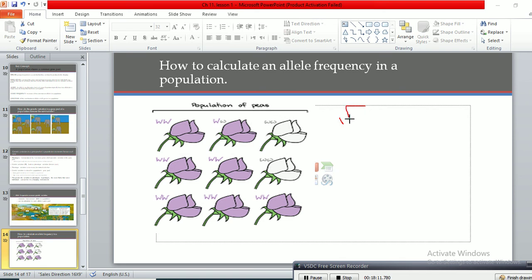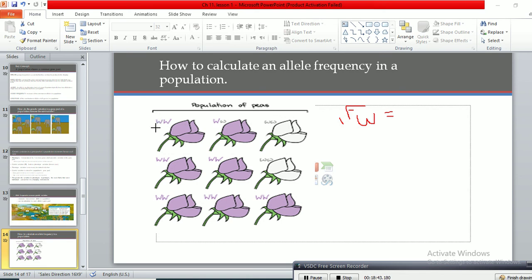Okay, but let's do more practicing for this. Here, that one, I will try to write with you. Okay, inshallah I can. Here we want to calculate the frequency for the capital W. From here I can guess that the capital W is for the purple flower and the small w is for the white flower, because it seems to be less in number, so I think it's the recessive.